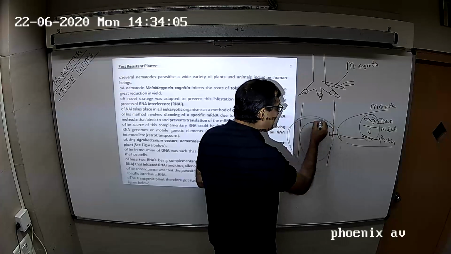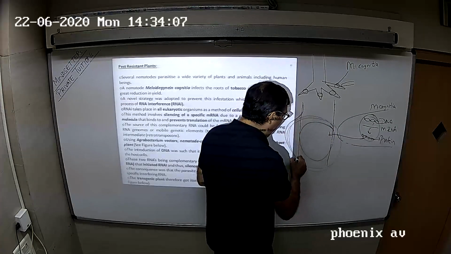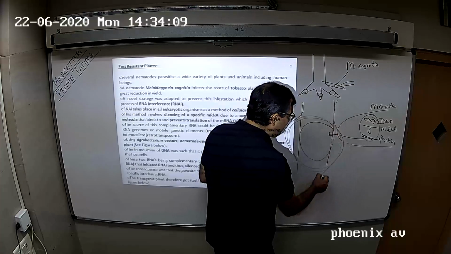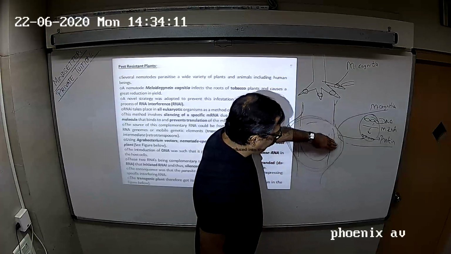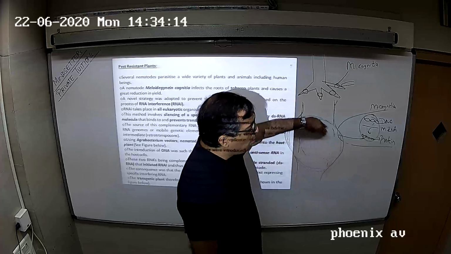So the cortical cell will swell up, which means big nodules will develop in the cortical cell. So a big nodule will form.